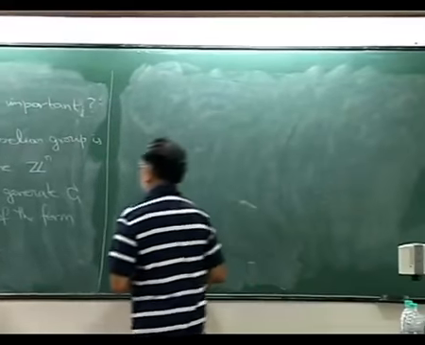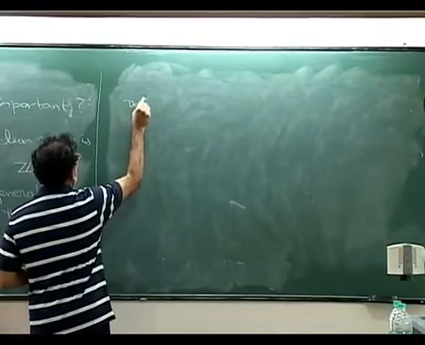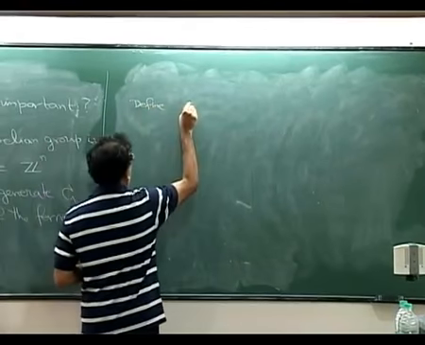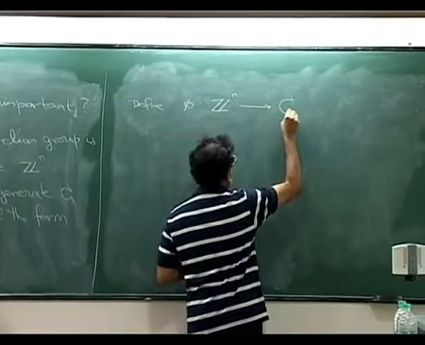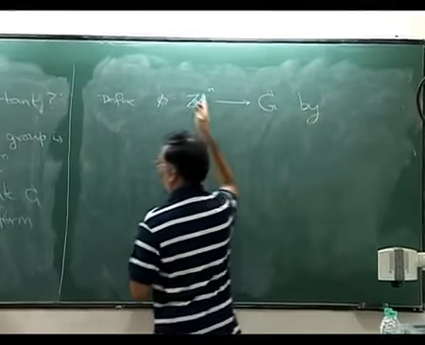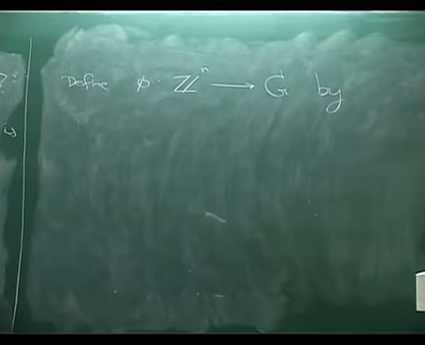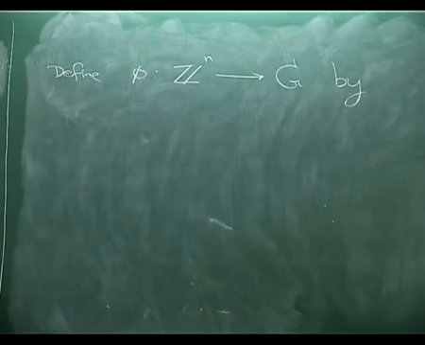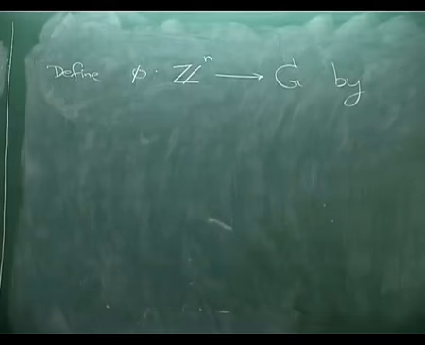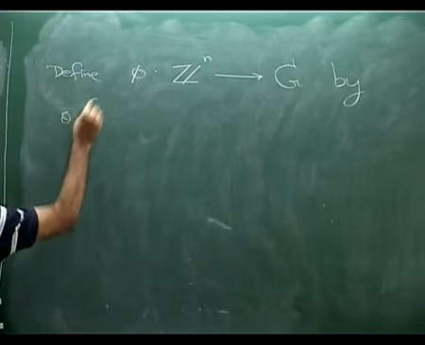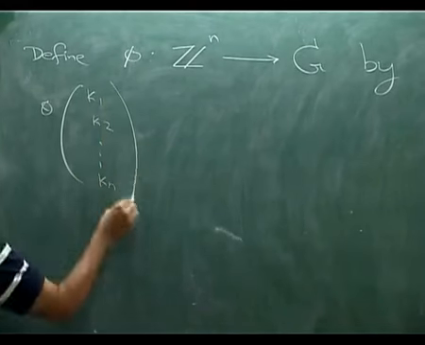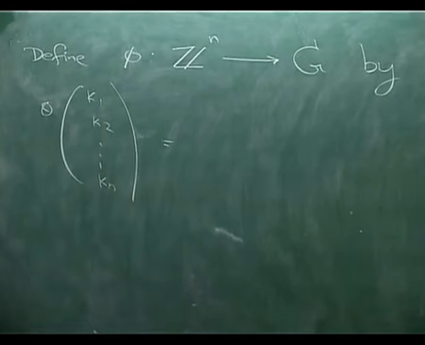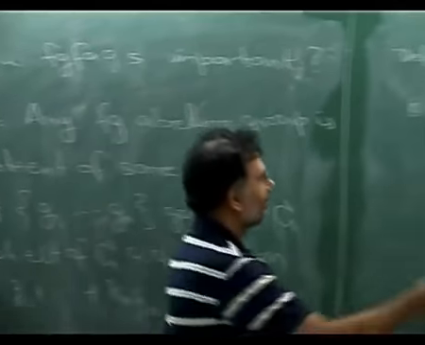So define phi going from Zn to G by, I have to tell you where a typical element of Zn, which is a tuple K1, K2 up to Kn, goes. Where could I send it? Obviously I should send it to K1 G1 plus K2 G2 plus Kn Gn.